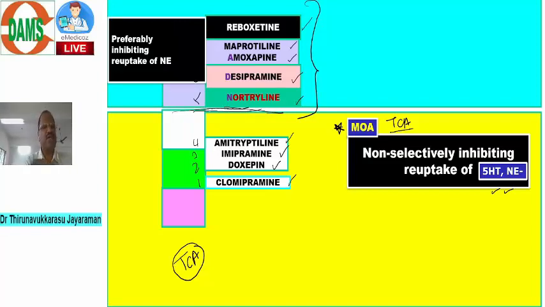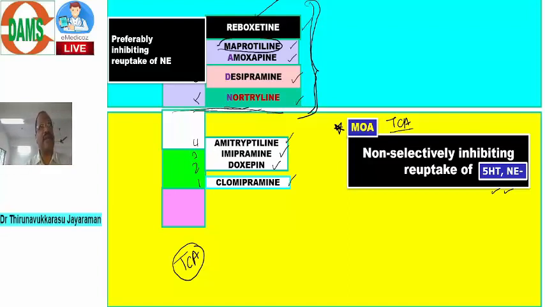So these drugs also inhibit serotonin, but they preferably and maximally inhibit the reuptake of norepinephrine. What Goodman says: among the TCAs, reboxetine has the most inhibitory effect on reuptake of norepinephrine. Next comes maprotiline. So in your question, among the given options, maprotiline has maximum reuptake inhibitory effect on norepinephrine than serotonin.